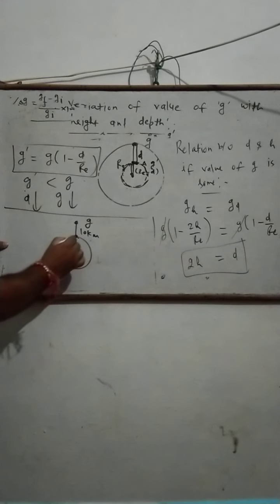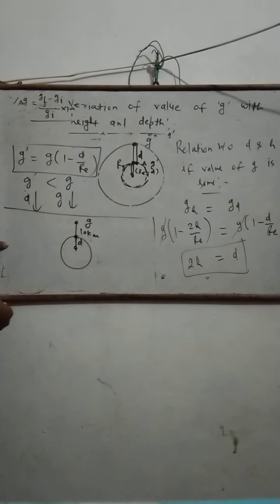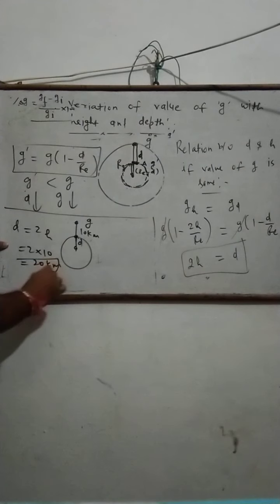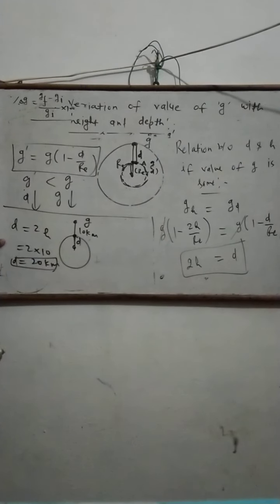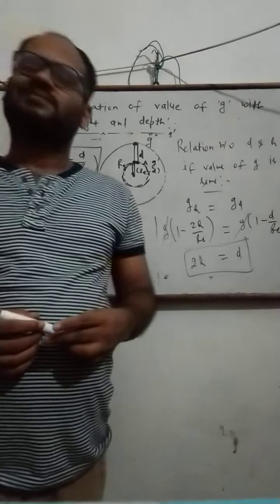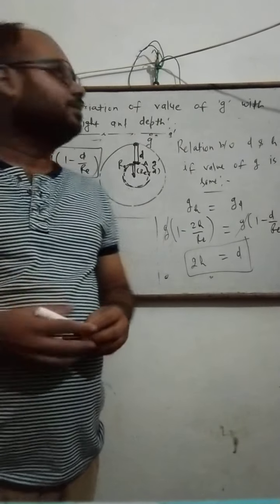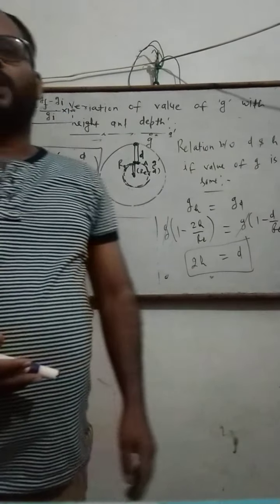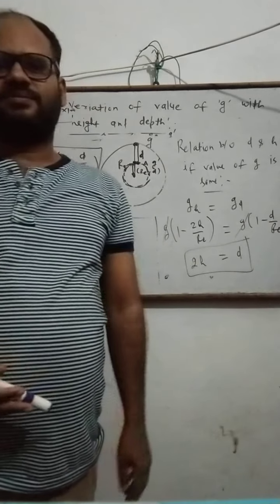So you have to calculate this value d. So what is d? d equals 2h. So 2 into 10, that is 20 kilometers down into the earth you will have to move to get the same value of g as you got when you were at the height of 10 kilometers. Thank you.